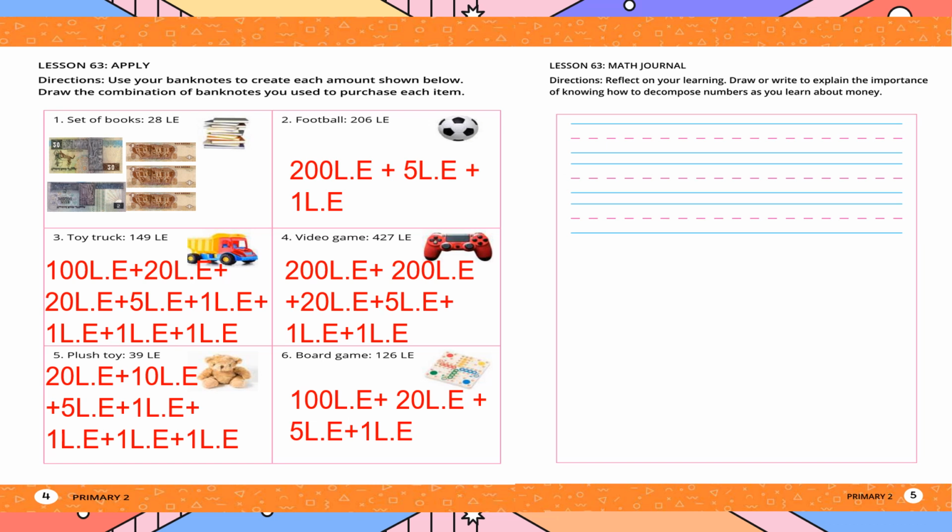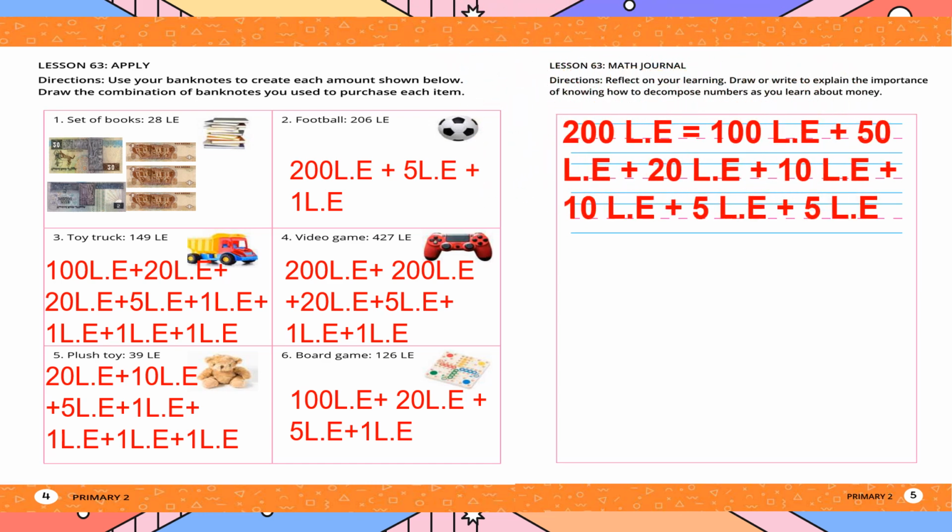Let's move to math journal. Reflect on your learning. Draw or write to explain the importance of knowing how to decompose numbers as you learn. If we have 200 LE and we want to decompose it, let's decompose it to 100 LE plus 50 LE. 100 plus 50 equals 150.